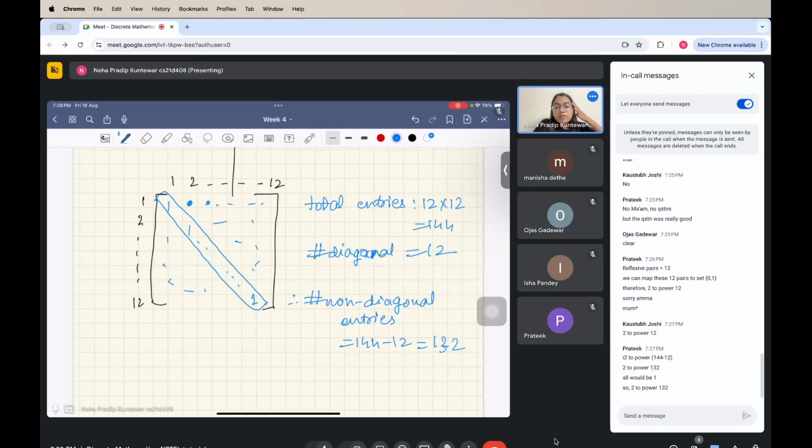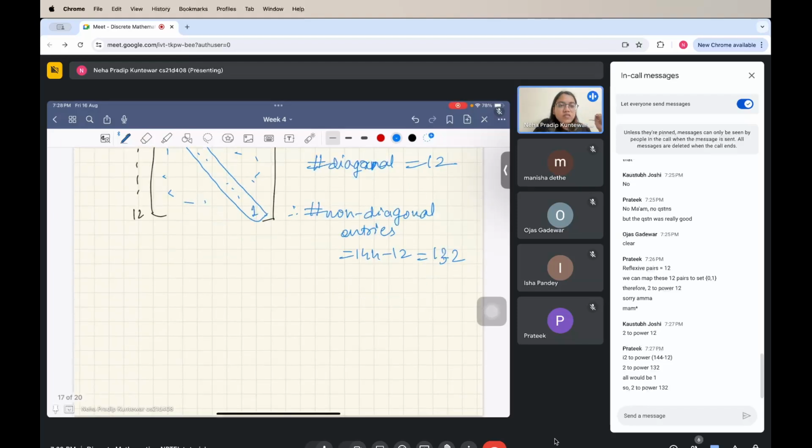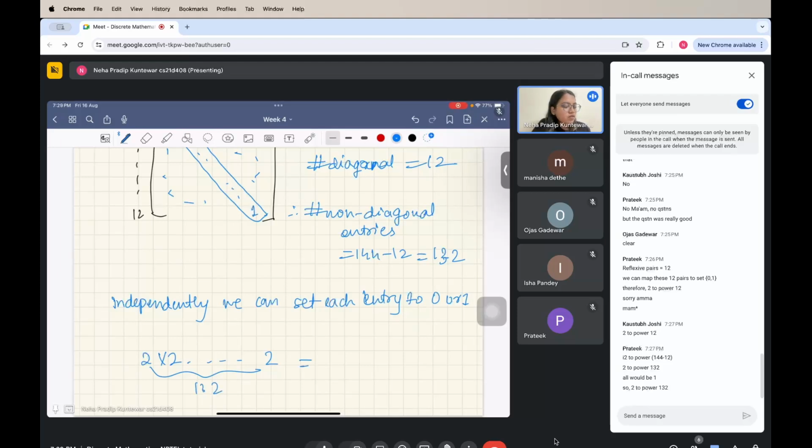And now for each of these entries you can independently set each entry to 0 or 1. So there are 2 to the 132 many choices, and therefore you have 2 to the 132 many reflexive relations.